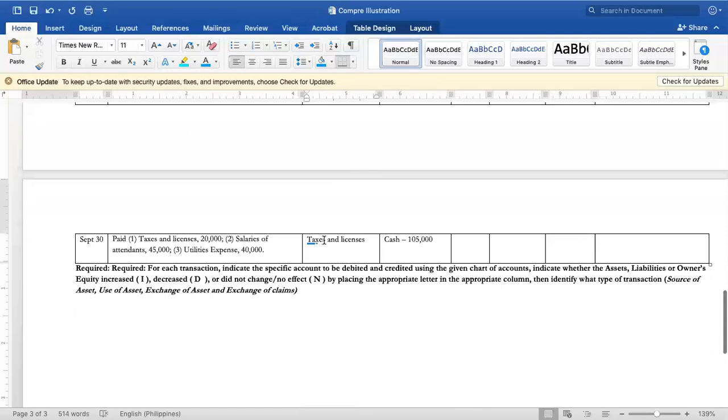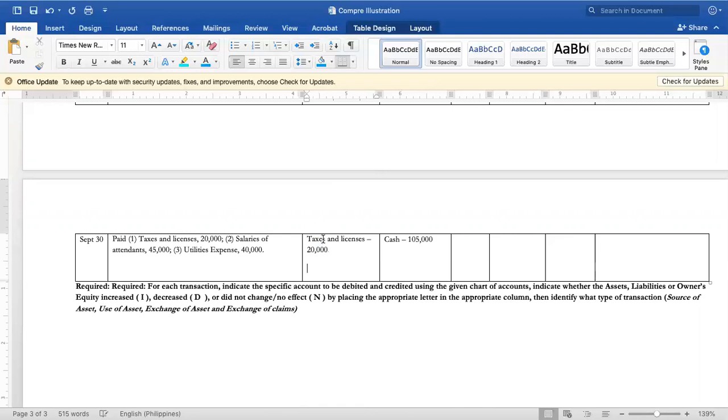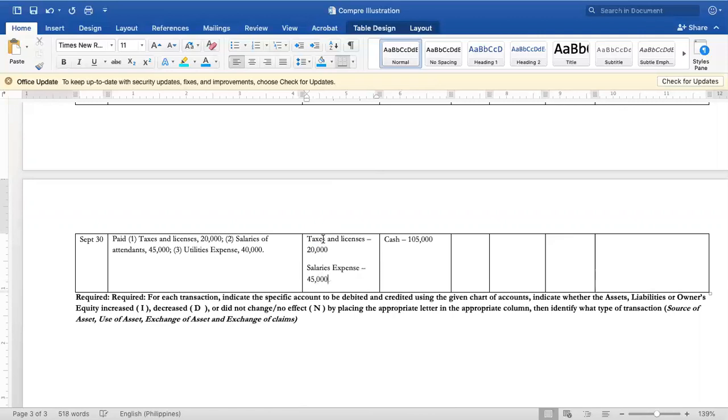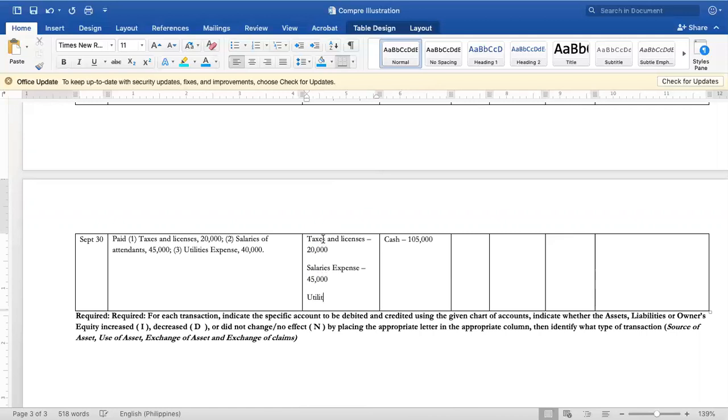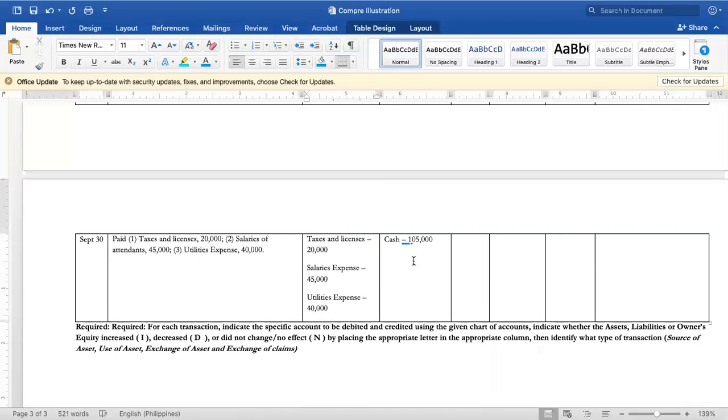So, that is total 20,000. Next is nagbayad tag salaries expense. Gasto tag salary, pilay amount, that is 45,000. Next, nagasto tag utilities, bayad sa kuryente, sa tubig, either internet, kay utilities expense, 40,000.